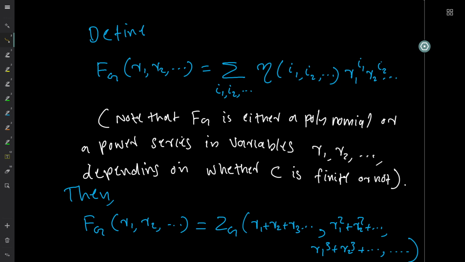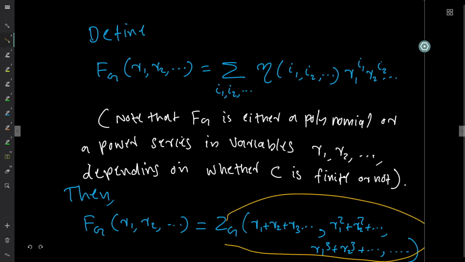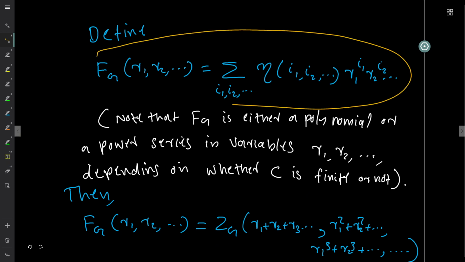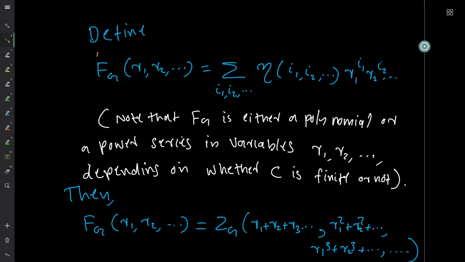That is what the theorem says. The theorem says that there is a direct relation between the cycle index of the group and the counting of these inequivalent colorings, where the number of occurrences of each color is a fixed tuple.